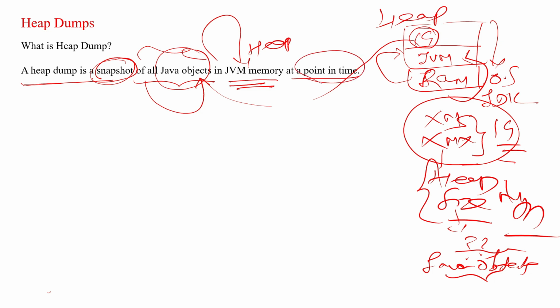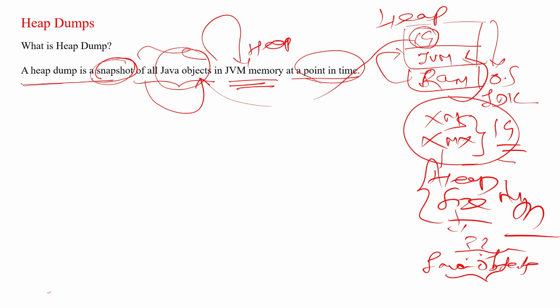Whenever you execute the heap dump, what will be inside it? It will be the snapshot of all the Java objects that have been created inside your Java heap. In a simple way, what all the objects or classes are in your Java heap at that particular time.